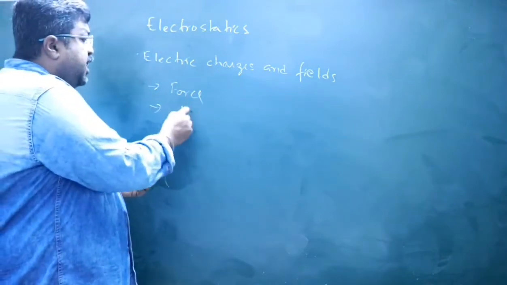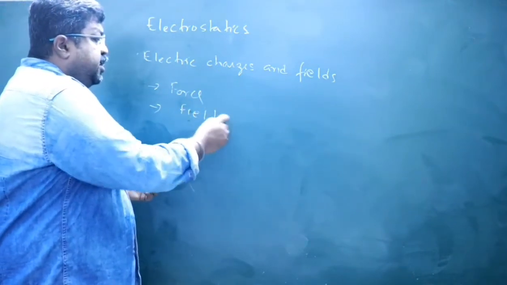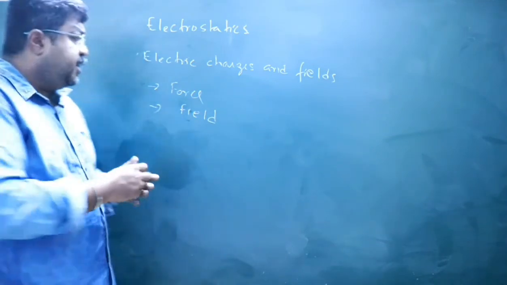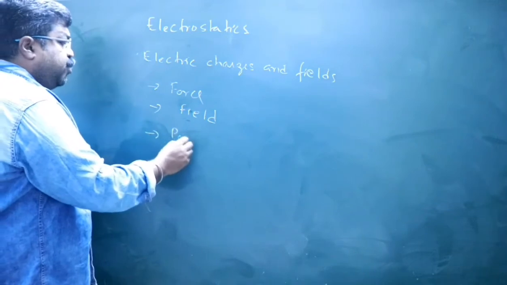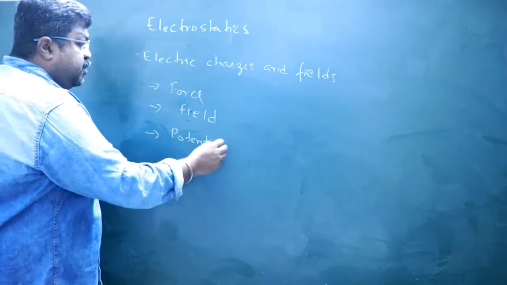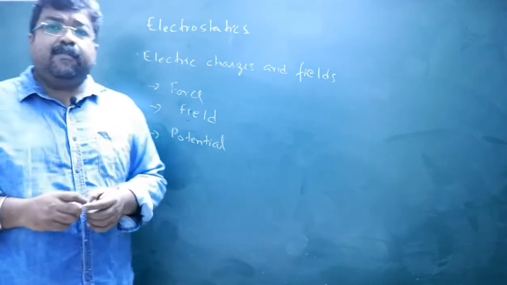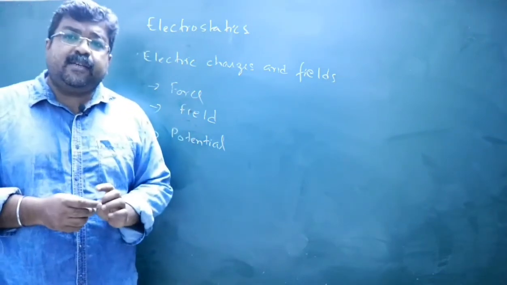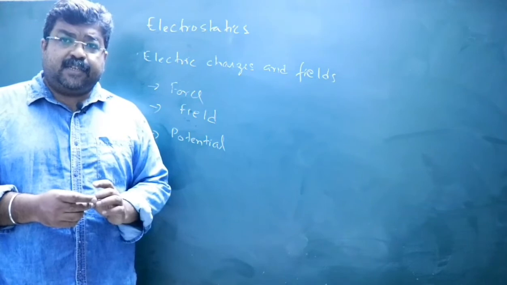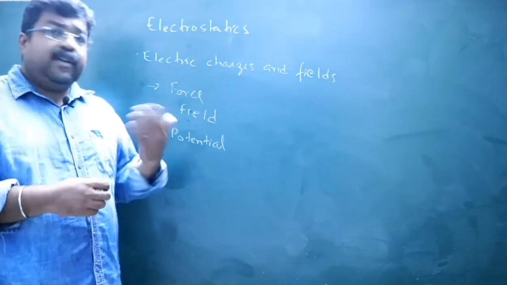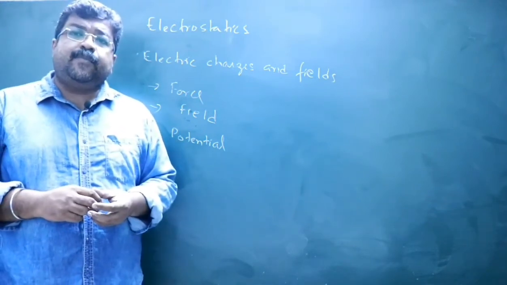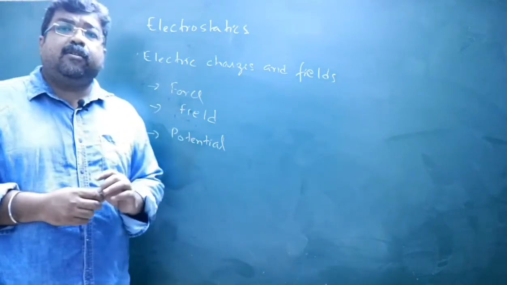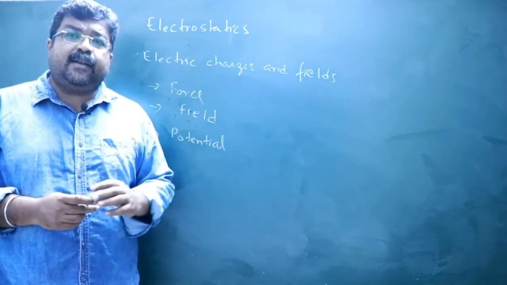These charges will have an electrostatic field surrounding them, and they will have a potential. So we will be studying the forces, fields and potentials arising due to static charges, and later in this chapter we will study how force, field and potential are interrelated.